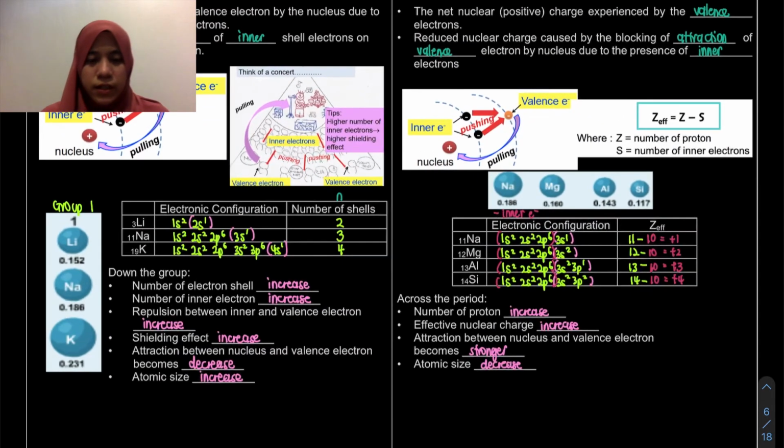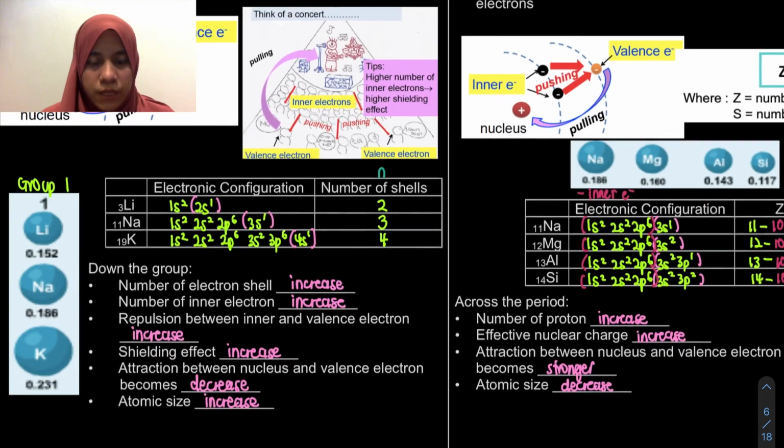So this is actually about the shielding effect and effective nuclear charge. This is very important when we discuss the radius of the atom, or the size of the atom. It is always either these two. There is a lot of explanation, but here are tips to make it easy to remember.